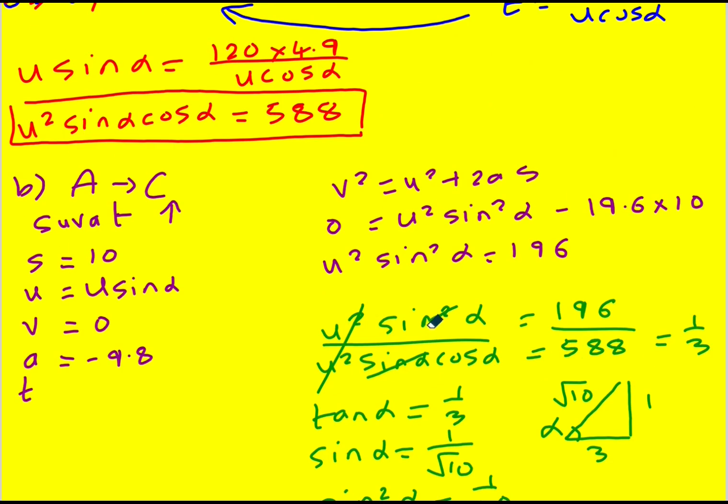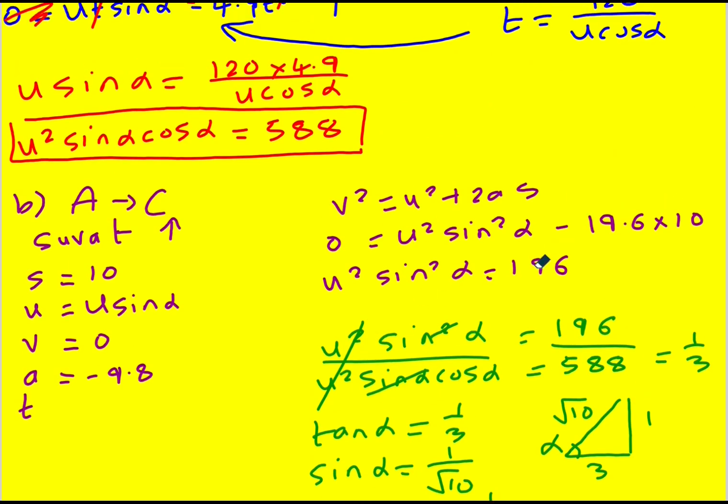An alternative method, actually, when we had u squared sine squared alpha is 196, is that I didn't think about it at the time, but we could have just square rooted u sine alpha. We know u and alpha are positive, so we just take the positive square root and it's going to equal 14. We could then sub that into here, which would give us 14 times u cos alpha is equal to 588.